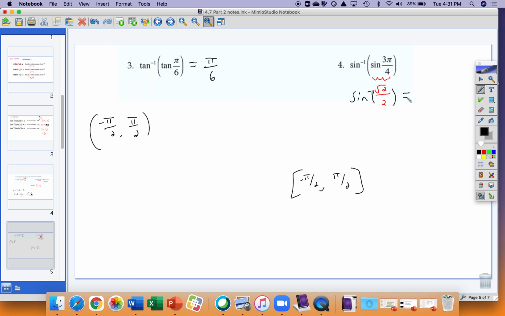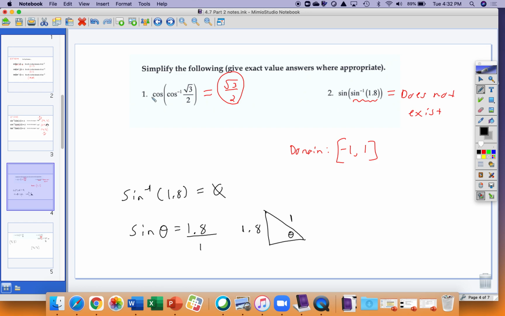And the sine inverse of root 2 over 2 is 45 degrees, or pi over 4, however you would like to answer that in radians or degrees. Because when the outside is an inverse function, my answer is an angle. When my outside is a regular function, my answer is a ratio of side lengths.